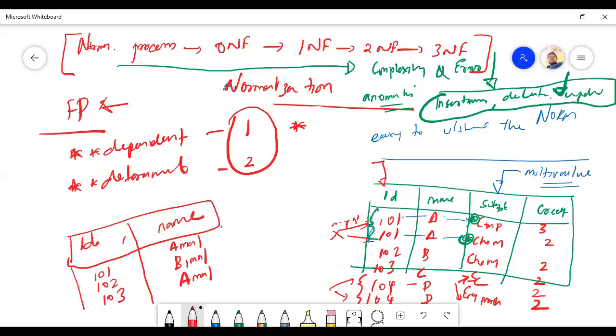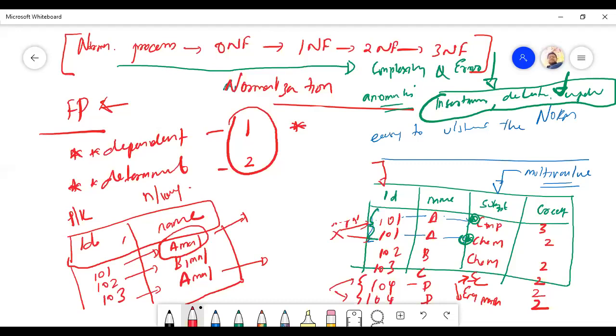Now you can understand, if you take the ID, maybe this is the primary key, this is an alternative key or else a non-key, right? So 101, his name is Amal. 103 is also Amal. This is a different Amal, another boy Amal. Then 102 is Bimal.